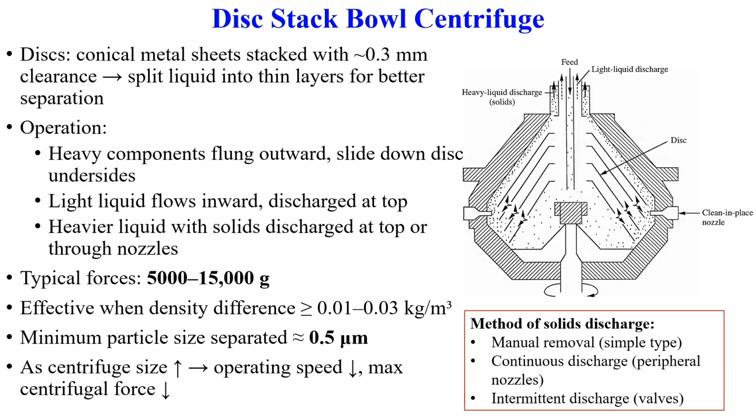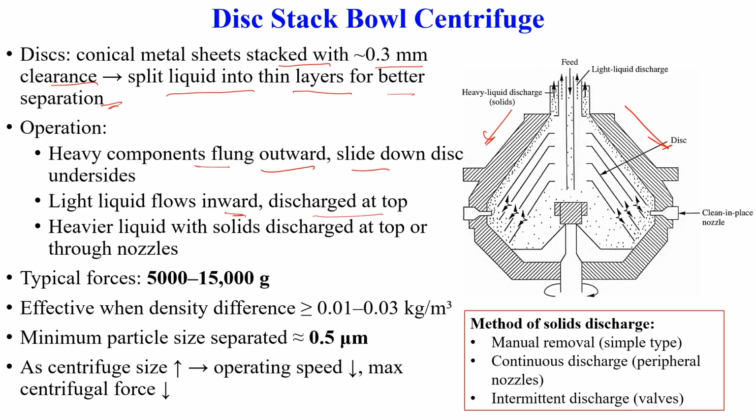In the case of the disc stack bowl centrifuge, the discs are conical metal sheets stacked with 0.3 mm clearance, and they split the liquid into thin layers for better separation. So, it is splitting the liquid into 3 layers. Here, the heavier components move outwards and then slide down to get removed from here, and the liquid flows inwards and is discharged at the top.